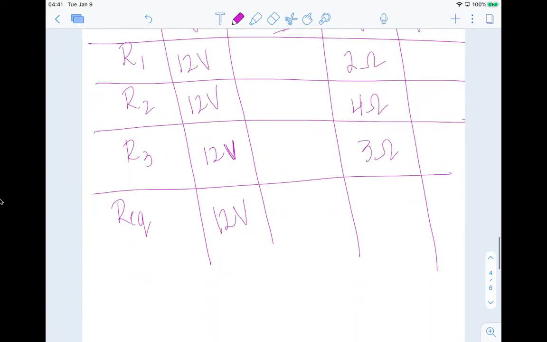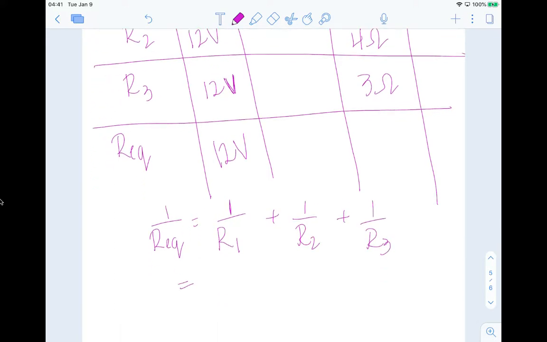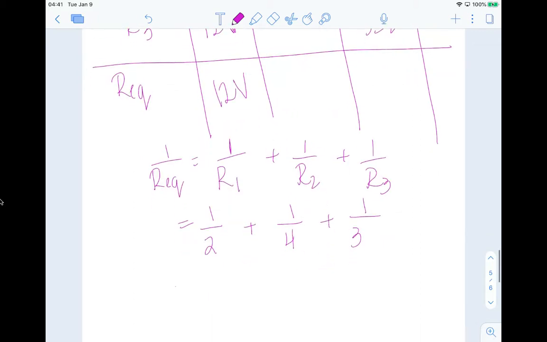Our total resistance, 1 over Req, is equal to 1 over R1 plus 1 over R2 plus 1 over R3. This is probably where we need the most help in terms of the fractions. Or perhaps you're really good with the fractions, and that's also great. As you go through, again, you're putting your parentheses around your values.